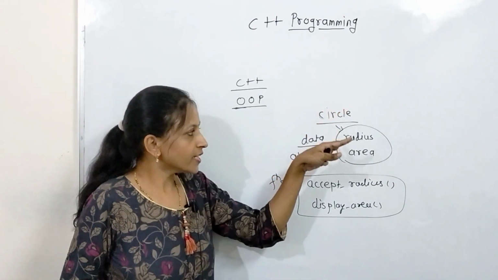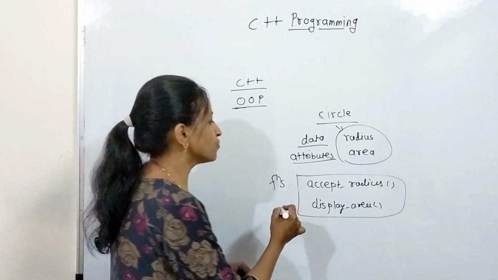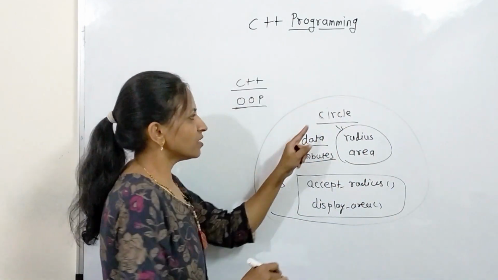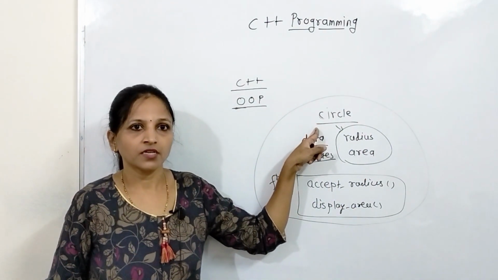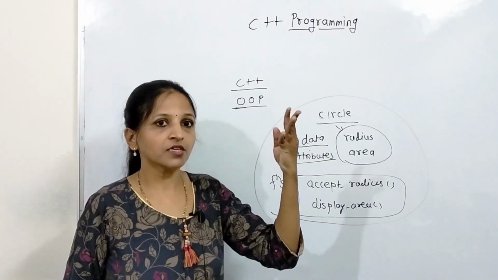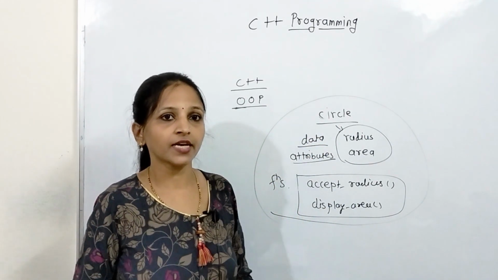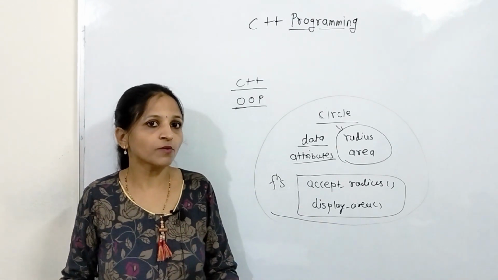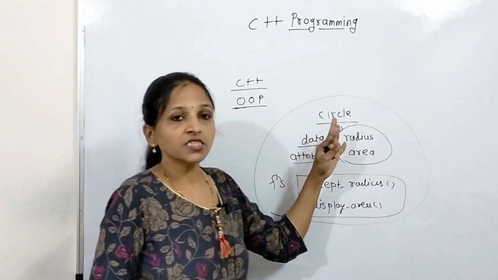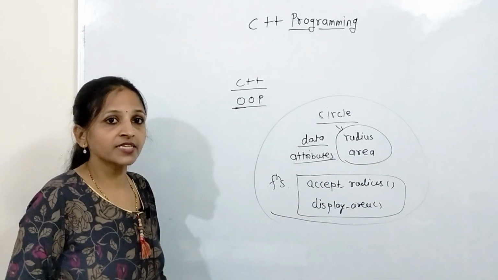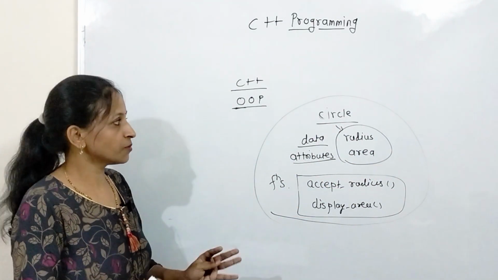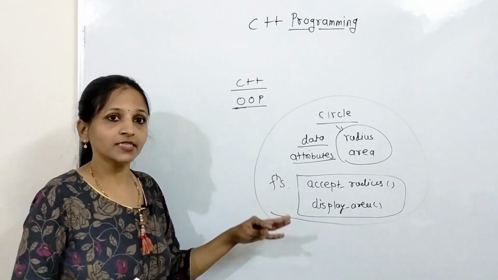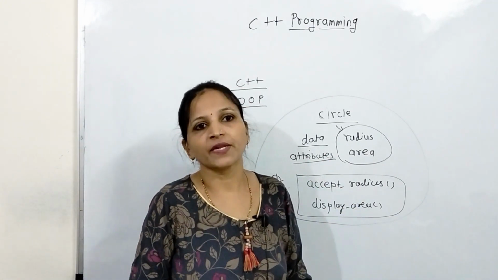Okay, now this data and functionality together form this circle object. Getting? Means here our thinking will change. We will think like this: the object is the circle. The data around that object is radius and area, and the functionality possible with that object is accept radius and display area.